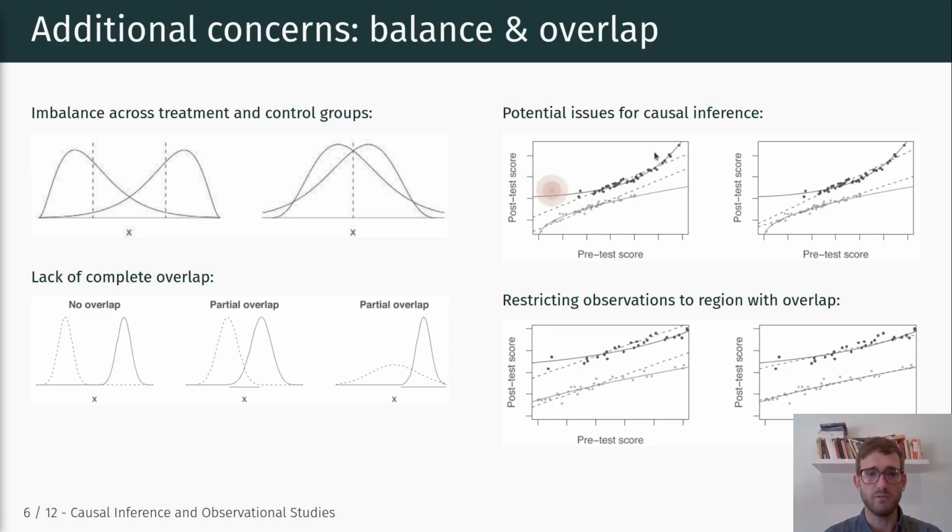So there's a nonlinear relationship, the solid line here for the treatment group, and this solid line here for the control group, right? So now suppose we want to estimate treatment effects conditional on pretest scores, based on a linear regression model. And the key here is that on the left-hand side, we have a basic regression with the pretest score as a predictor, as well as the treatment assignment as a predictor, without an interaction. So these two dashed lines are parallel to each other. Okay, so no difference in slope.